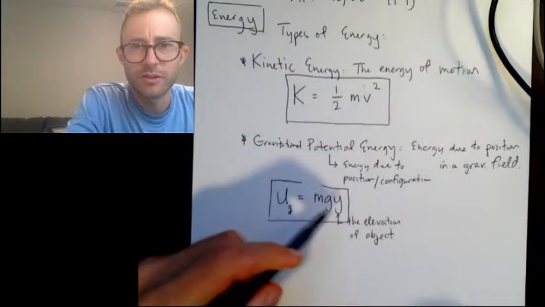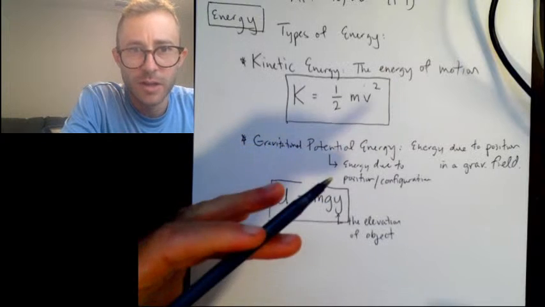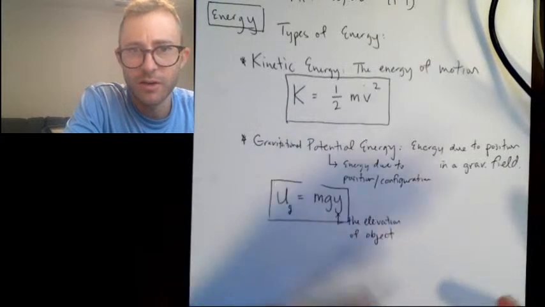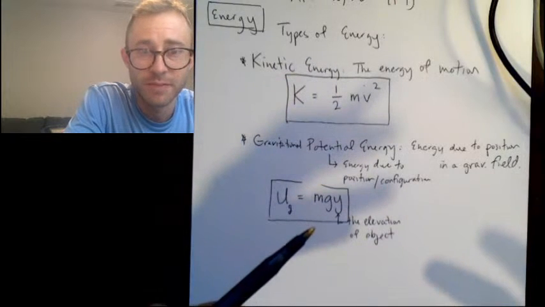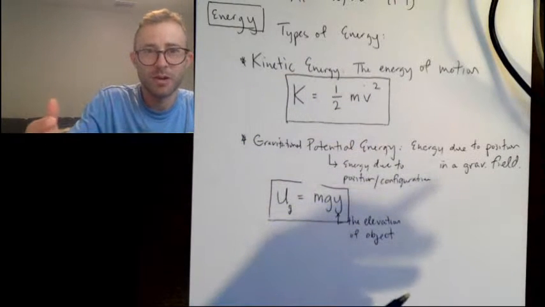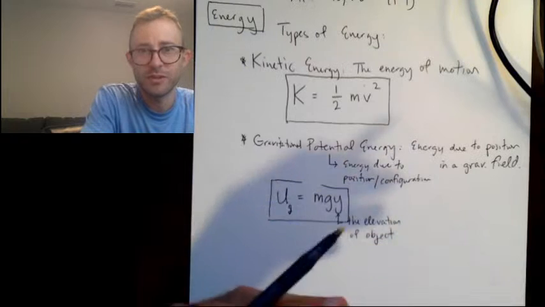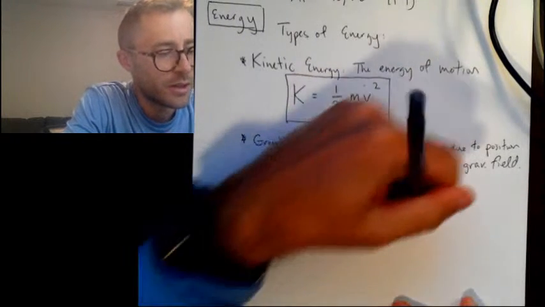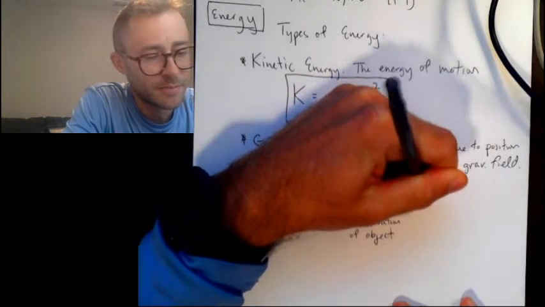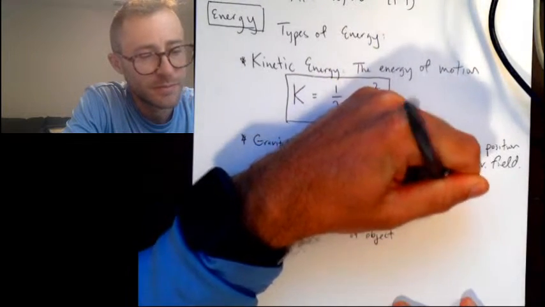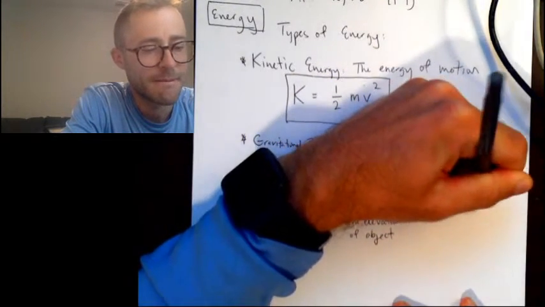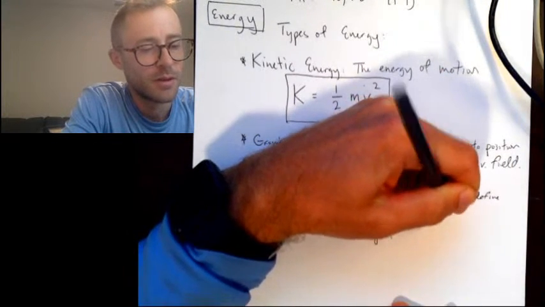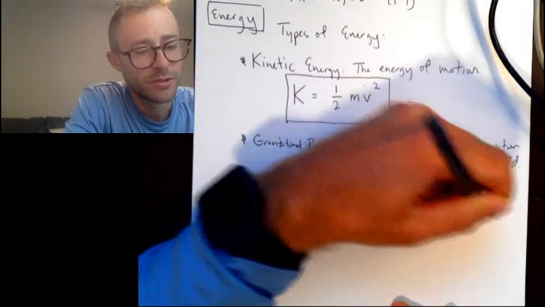Now this formula is a little bit ambiguous, because elevation relative to what? Elevation relative to Claremont, elevation relative to sea level? It turns out that you get to define where y equals 0 is.